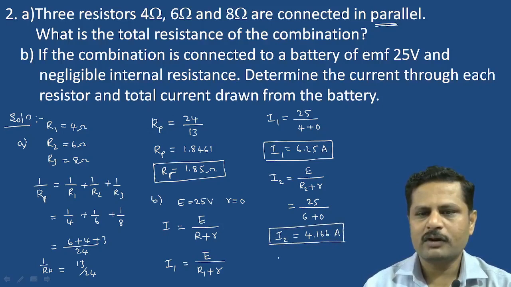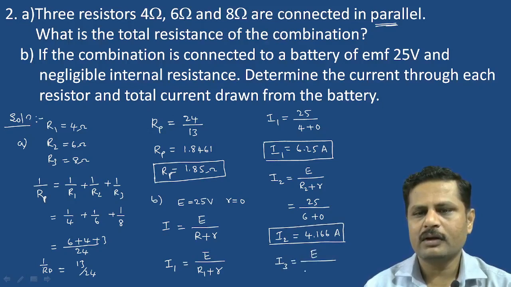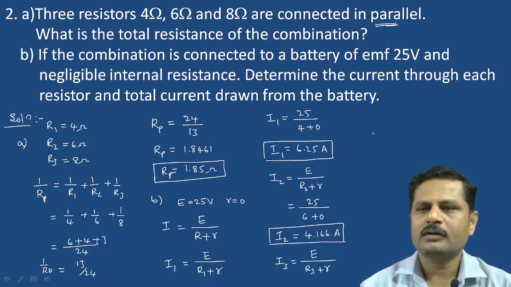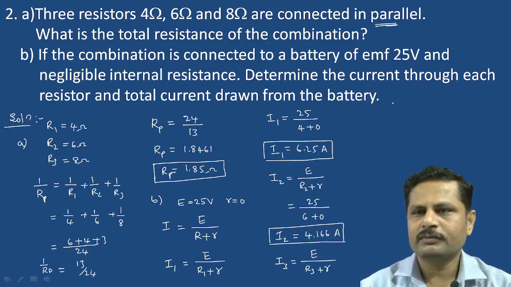In the same way, we can find out I3. That is, I3 equals E divided by R3 plus R. So I3 equals E 25 volt divided by R3 is 8 ohm plus 0.